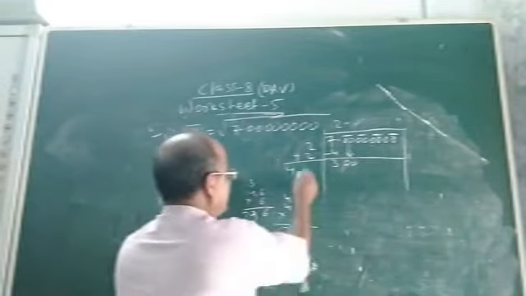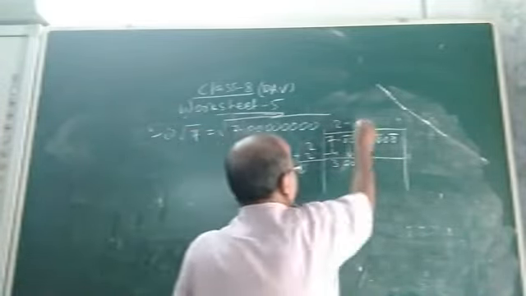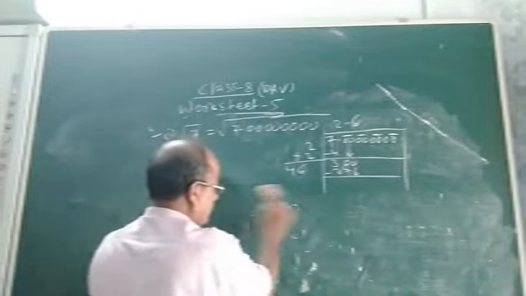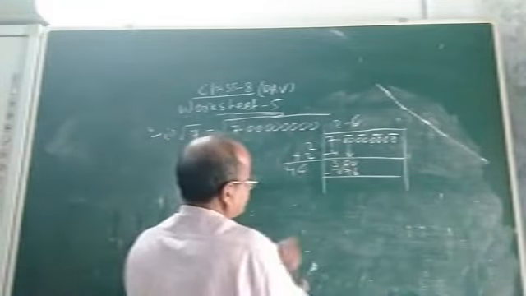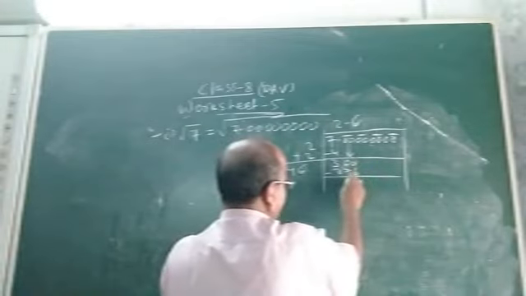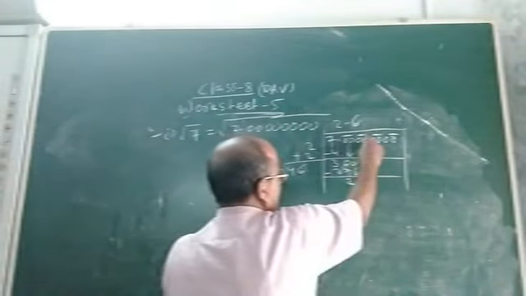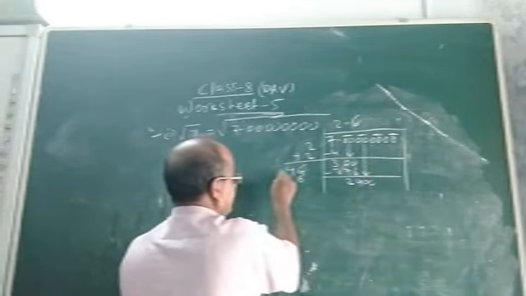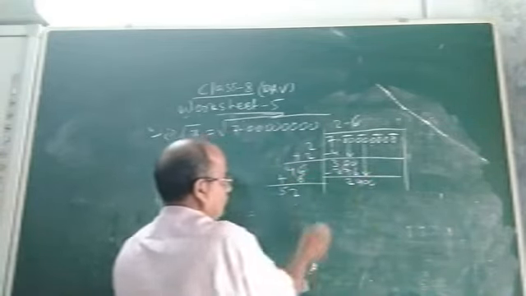So we have to put 6. Now put here 6. What is the product of 46 and 6? It is 276. Now subtract these two. 10 minus 6 is 4, 9 minus 7 is 2. 24. Now bring this period downward. Then add here 6. It will be 52.